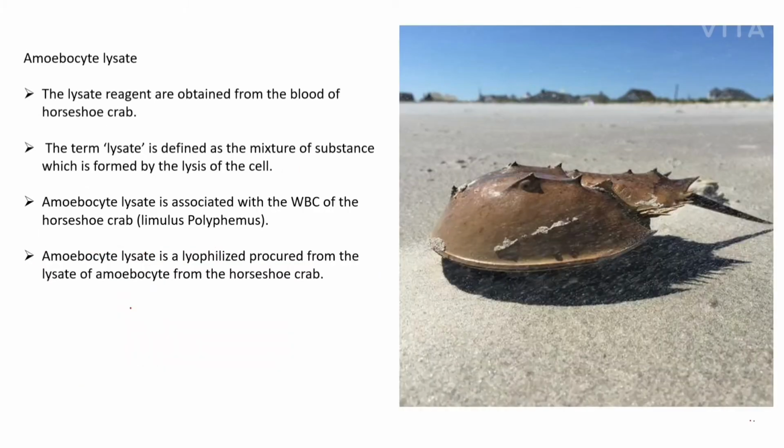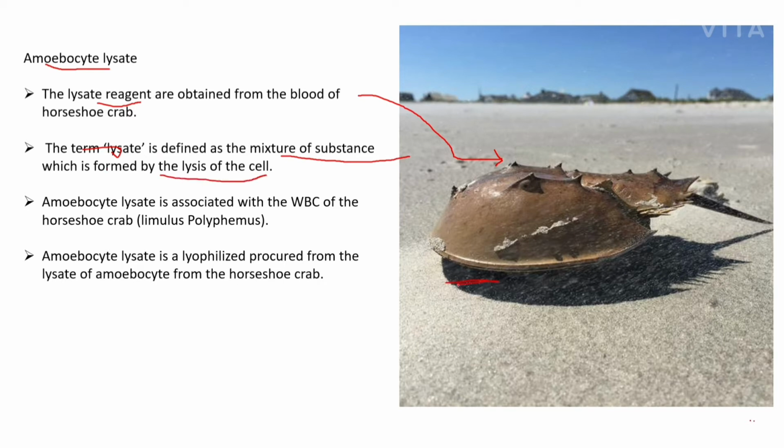The LAL's first letter says that it is the crab Limulus. Then what is amoebocyte lysate? This lysate reagent is obtained from the blood of the Limulus crab, the horseshoe crab. What does lysate stand for? It is defined as the mixture of substances formed by the lysis of cells.